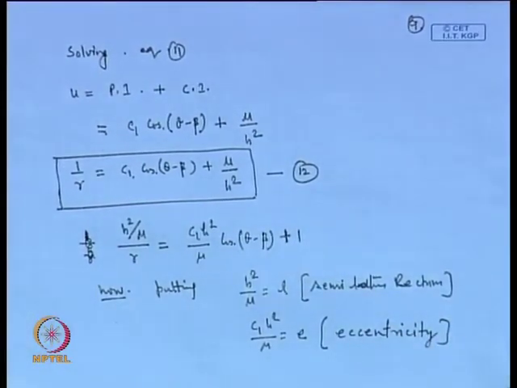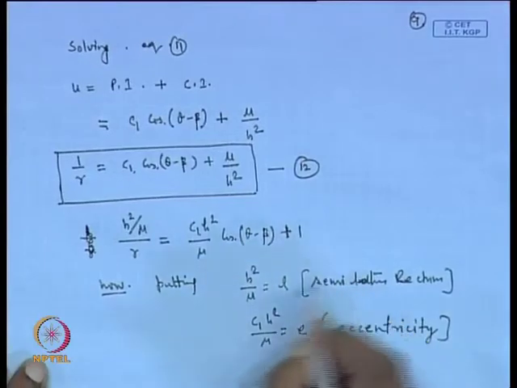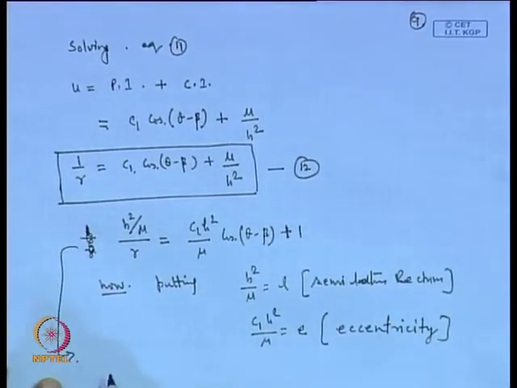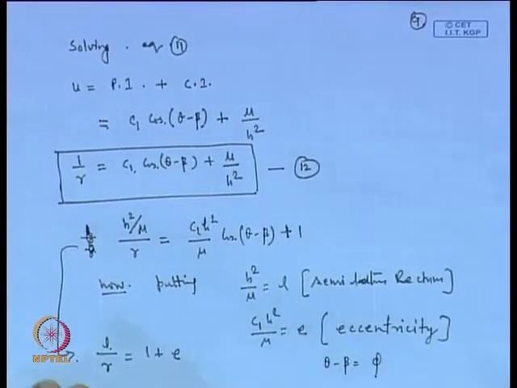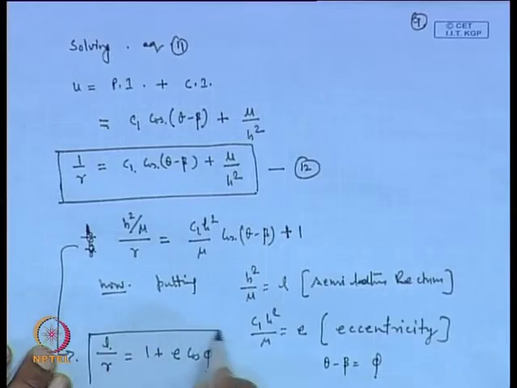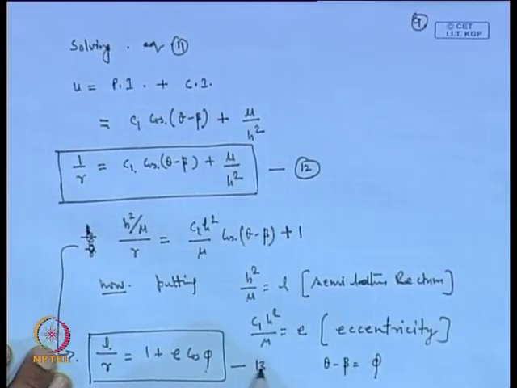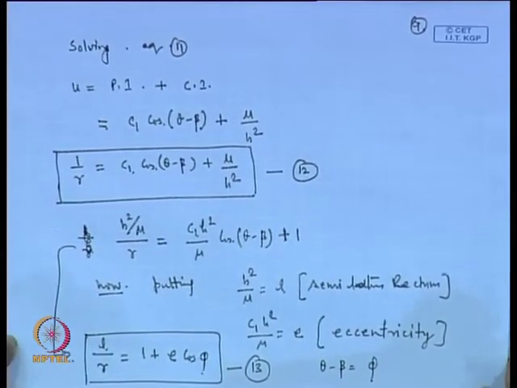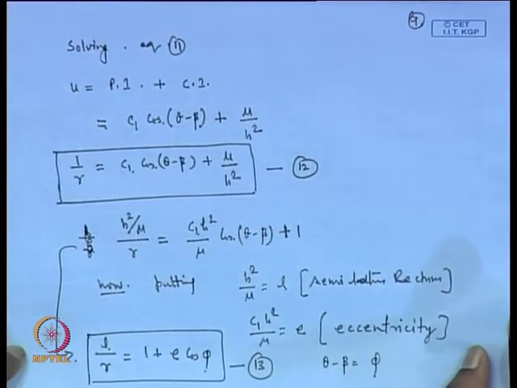So, this equation then gets reduced to L by r is equal to 1 plus E cos, and also putting theta minus beta is equal to phi. So, this is the equation of a standard conic section.